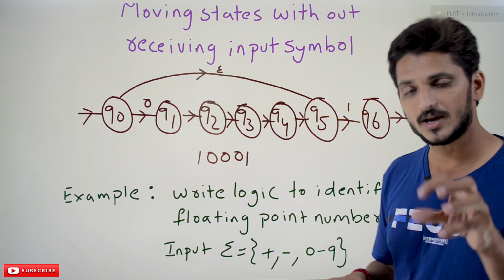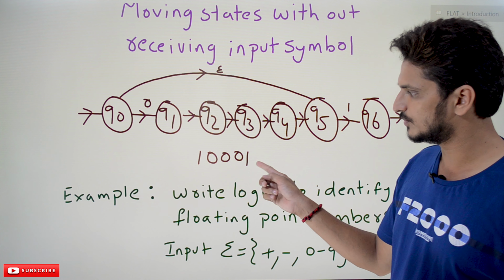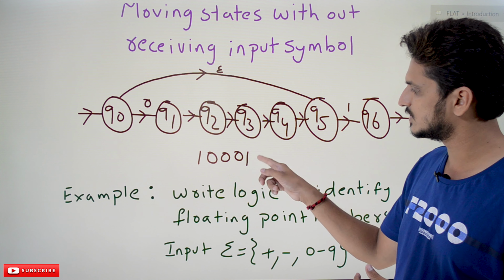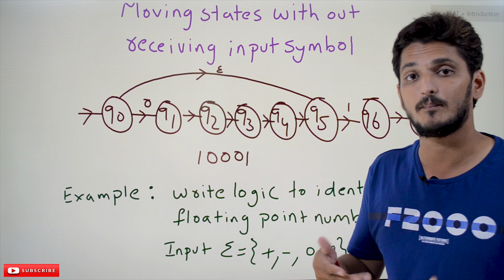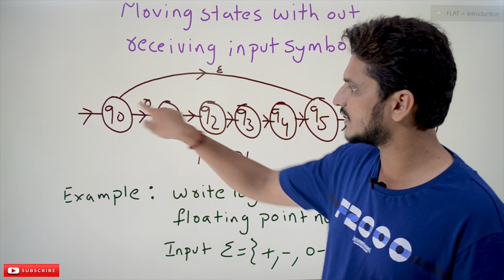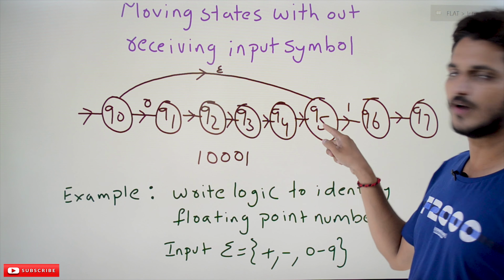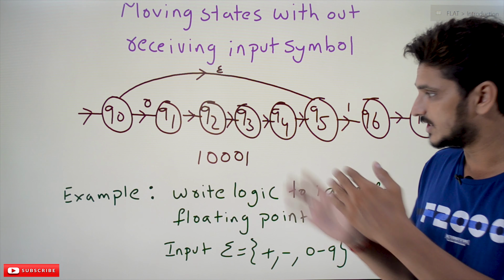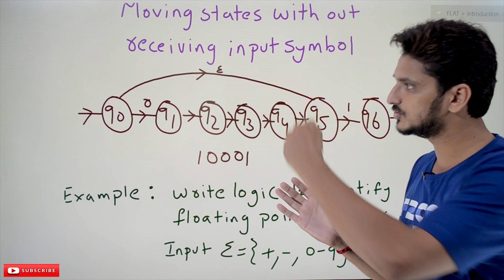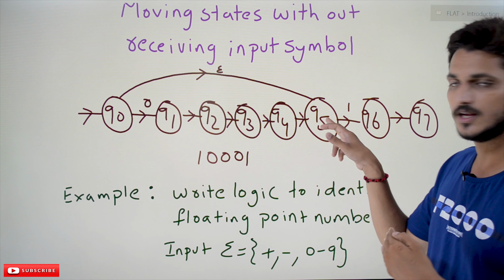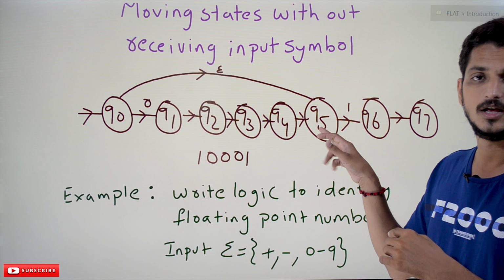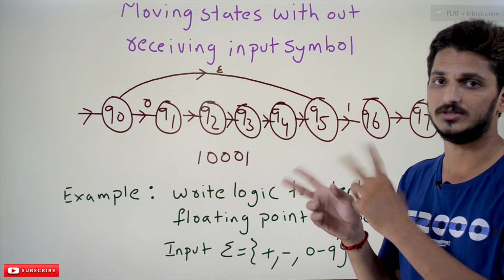Let's assume this is our input string: 1000001. By taking the first input character, we can apply it on Q naught and Q phi. That means one machine is divided into two machines. One machine is going to apply the input character on Q naught, the other machine is going to apply the input character on Q phi. So here we have two machines.